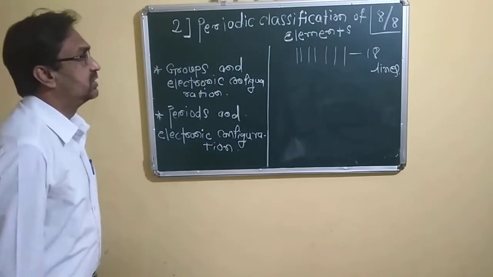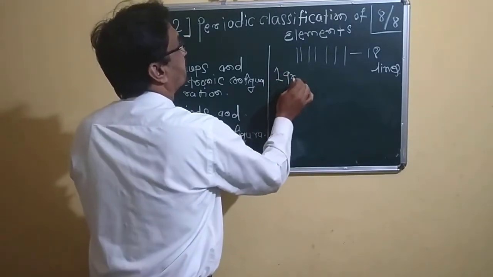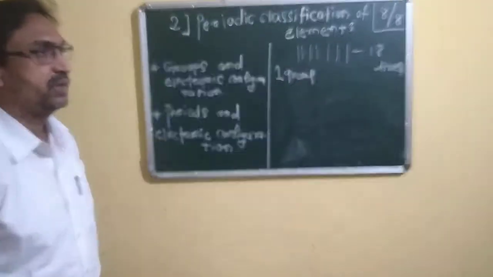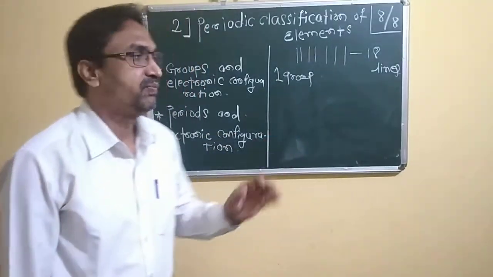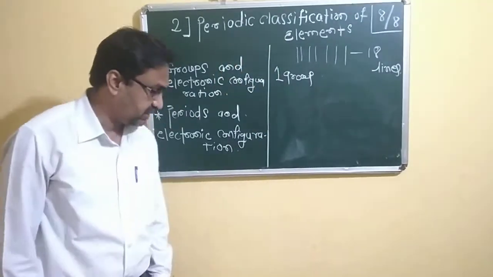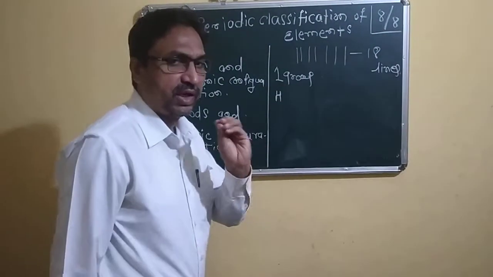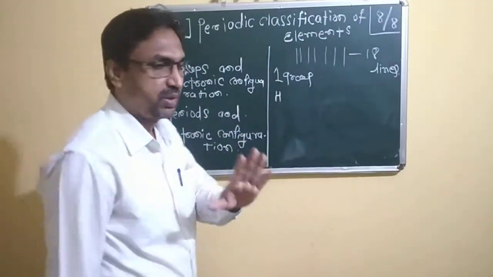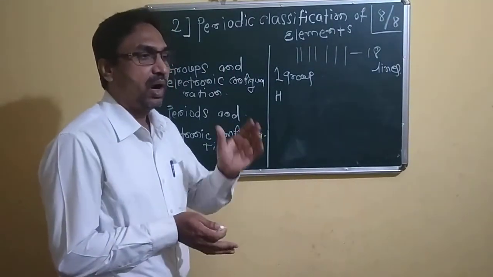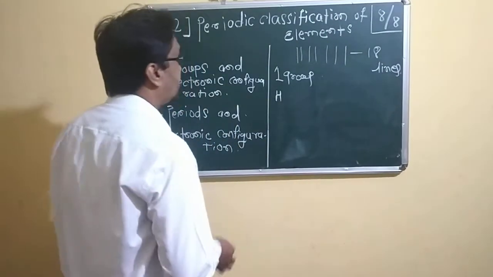Just we take the first group. We are taking the example in the first group. We have seen that in the first group hydrogen is there. We are taking the example of the first 4 elements only because there are a lot of elements. We are taking it to see how the trend goes. Hydrogen is there.